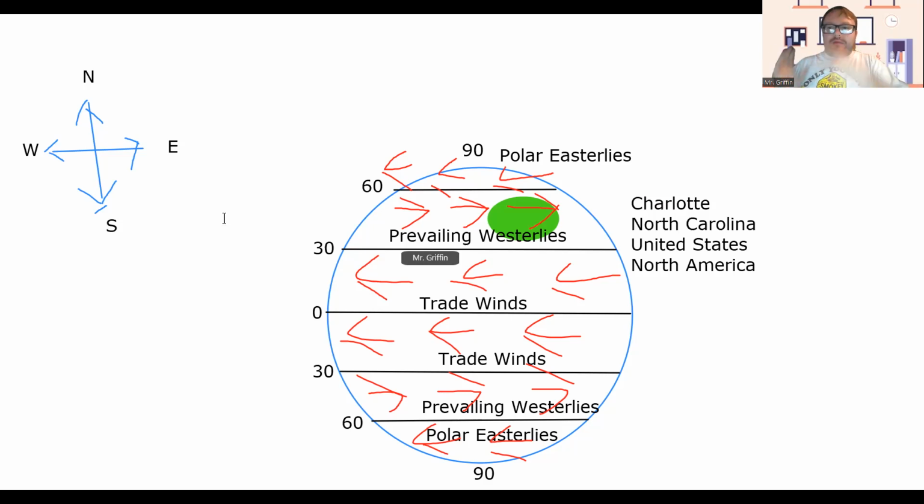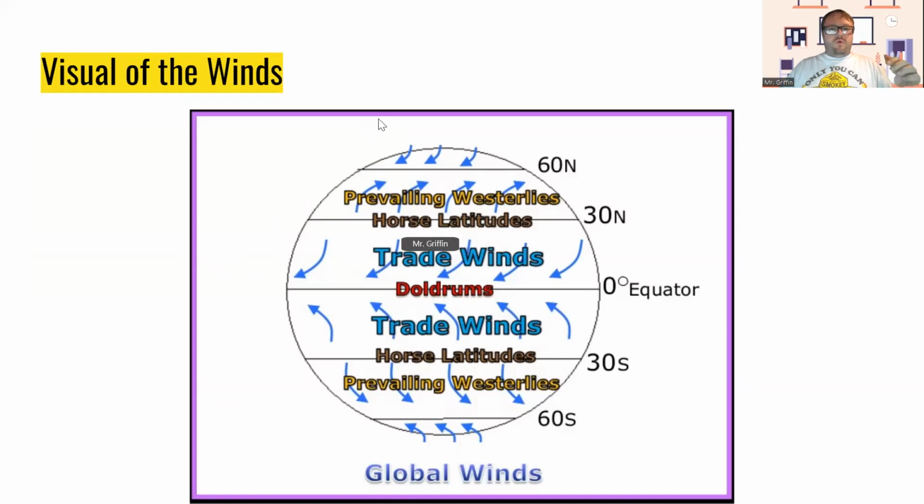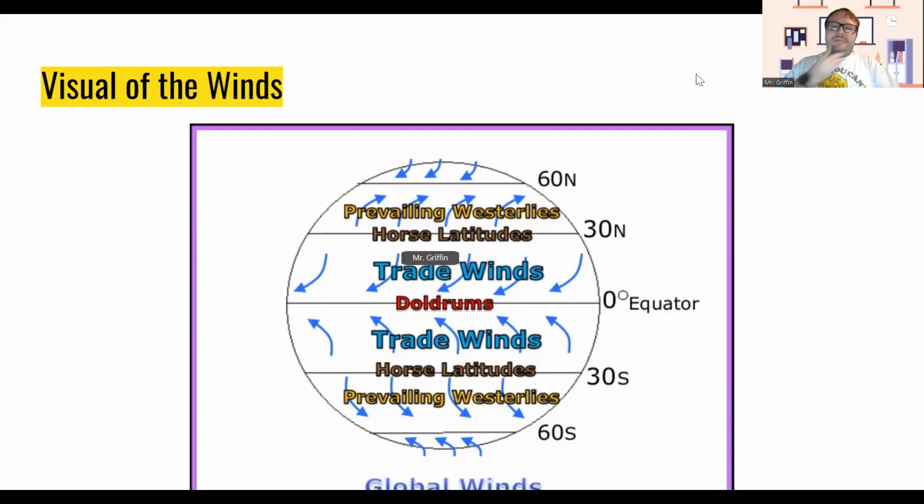The others go from east to west, but the prevailing westerlies go from west to east. You can see real quick in this drawing, the prevailing westerlies go from west to east. Those are the main visual of the global winds.